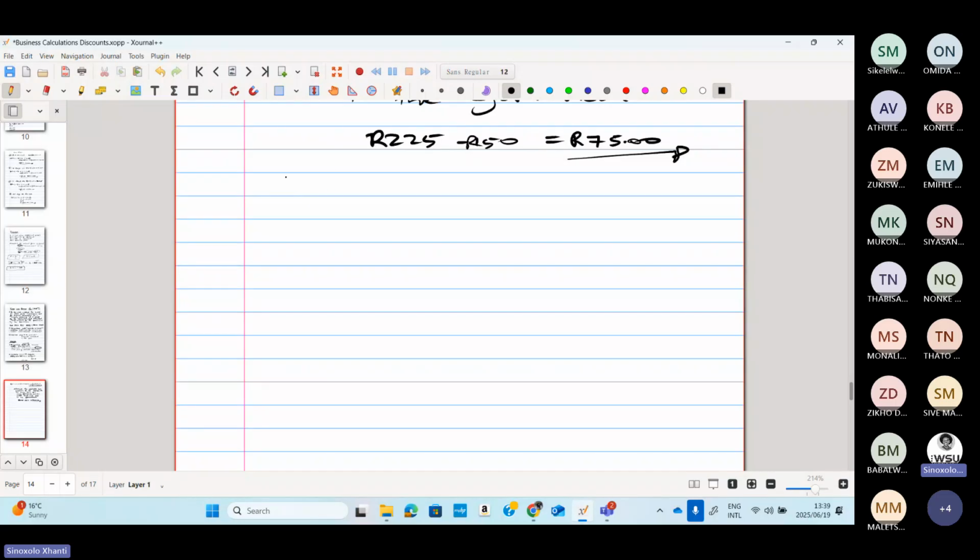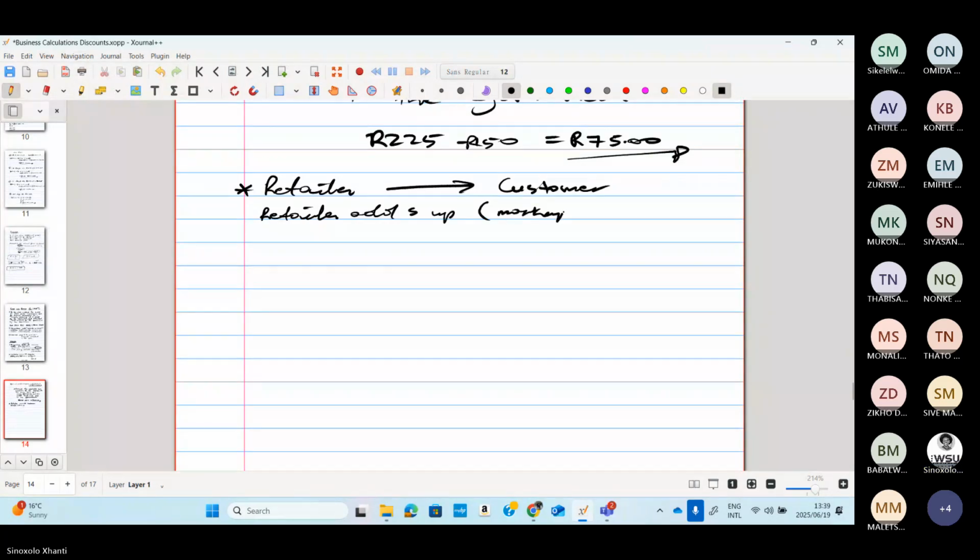And now that the retailer has bought something, the retailer sells to the customer or consumer. And then the retailer adds what I call the markup. Let's say they want to make a profit of 300 rands.